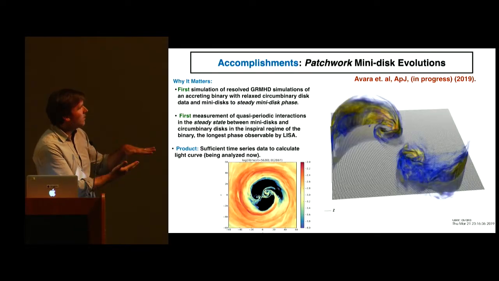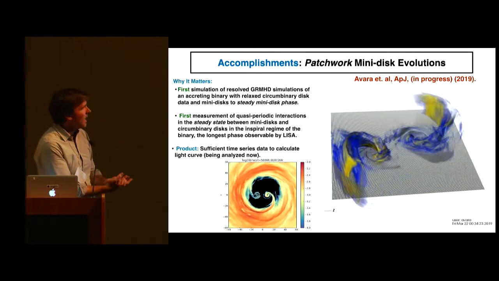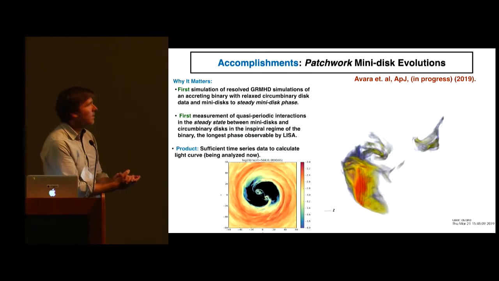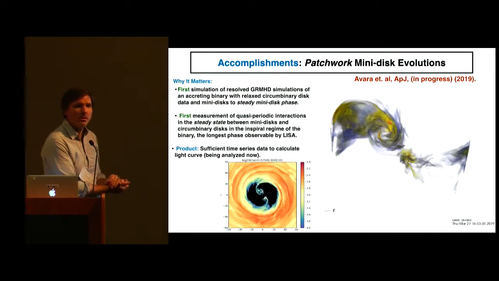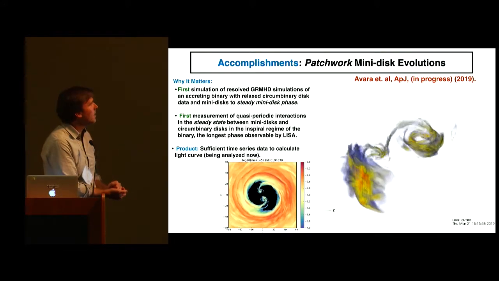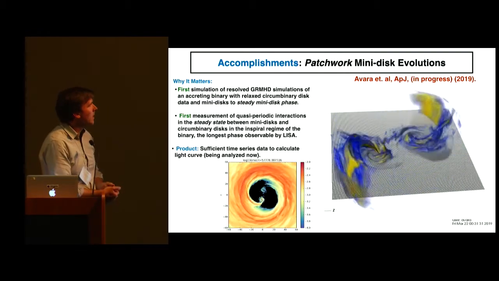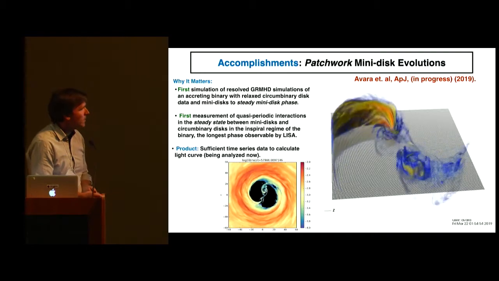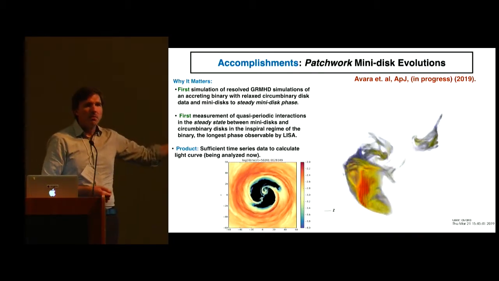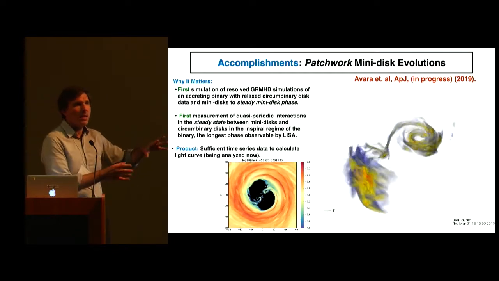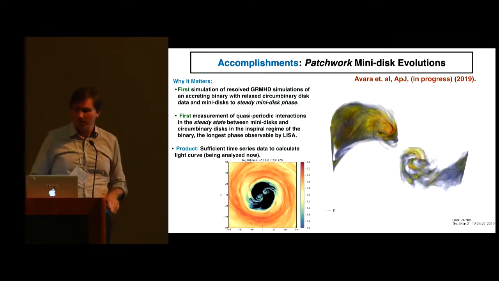So there's a lot of interesting dynamics that happens out of the plane too. So there's maybe some evidence that the mini-disks are tilted, and there's also some high altitude accretion phenomenon that arises. And the key thing here too is that since there's no cutout, we can see how the mini-disks slosh back and forth between them.